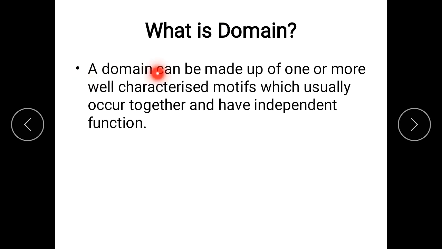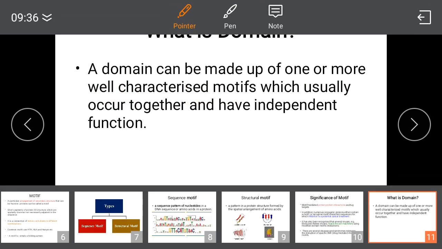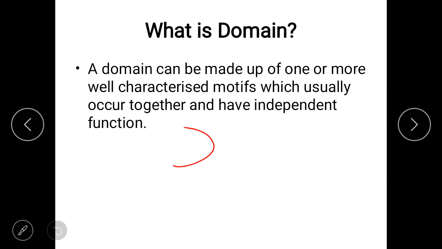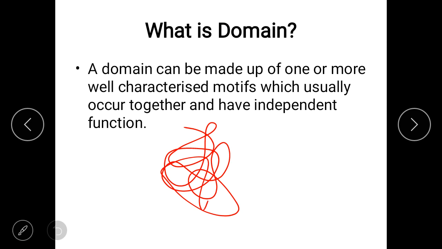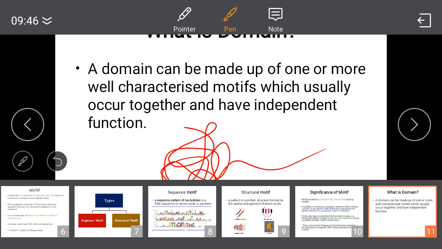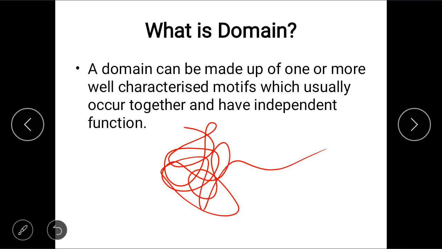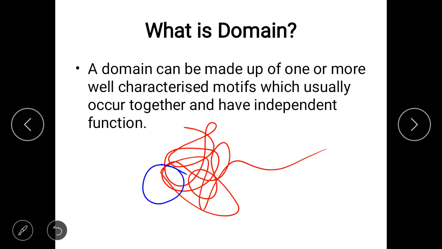Let's discuss domain. A domain can be made from one or more well characterized motifs. Suppose this is the 3D structure of a protein, and in this 3D structure, suppose this is a specific motif, and this is another motif. A domain can be made up of one or more motifs.